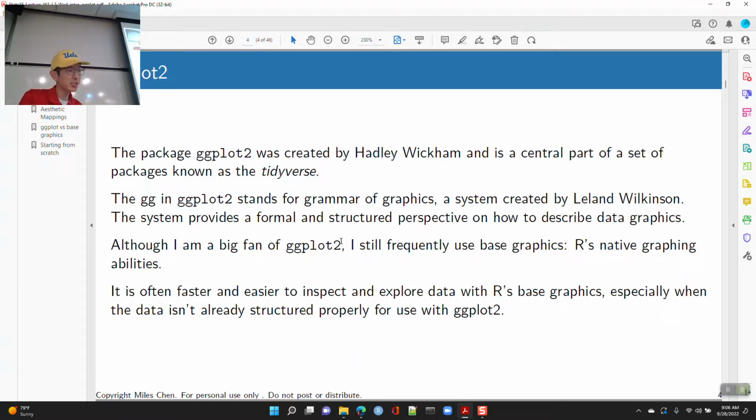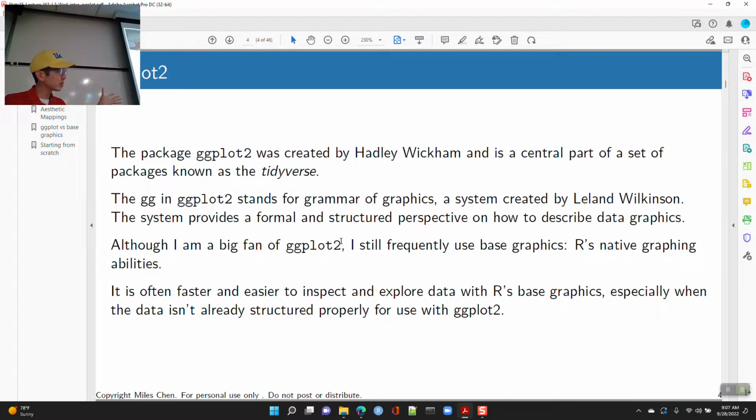The GG stands for Grammar of Graphics, and it creates a set of formalized ideals regarding what a data visualization is supposed to be. If you think about language, we have grammar rules on how your sentences are supposed to be structured.